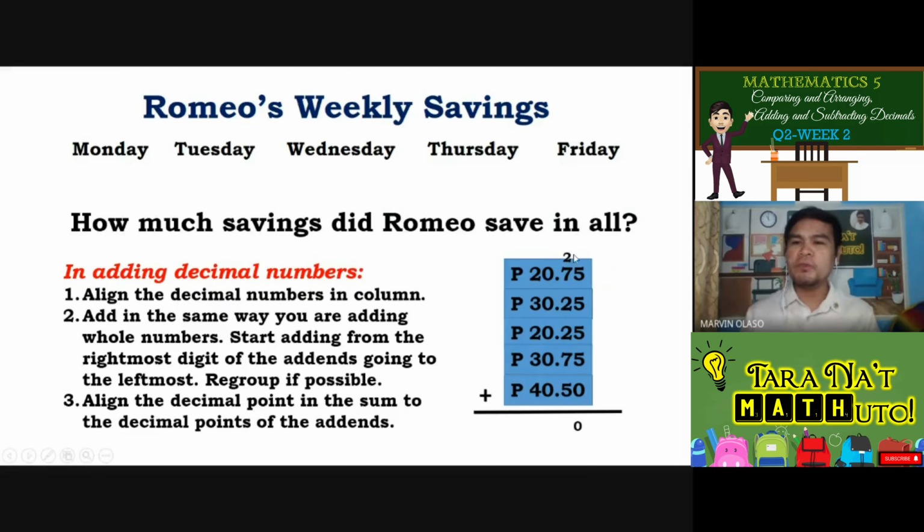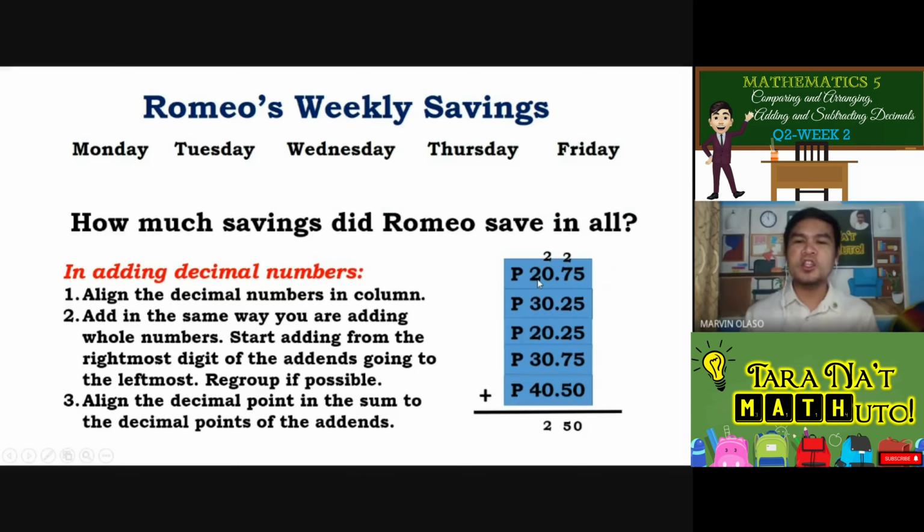Let's continue. 2, 9, 11 plus 2, 13 plus 7, 20 plus 5, it's 25. So bring down the ones digit 5 and carry the tens digit 2. So let's continue now. Since it's all 0 and we have a carry of 2, just bring down 2.